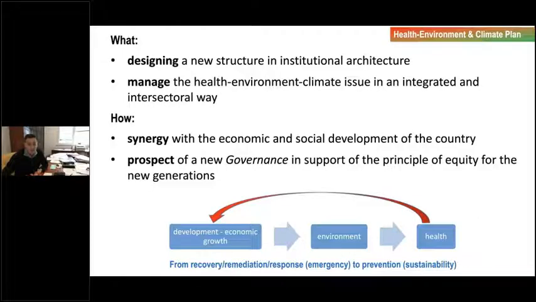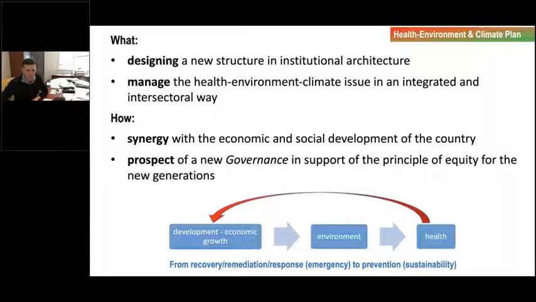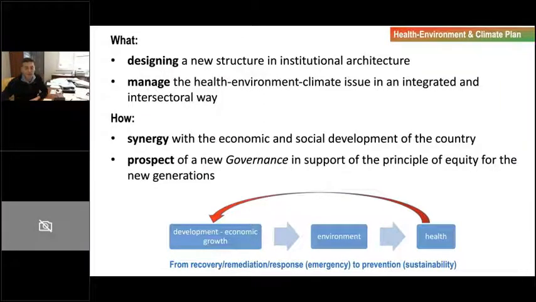The concept is that now health is the last step after many tragedies, like in the case of PFAS in Veneto, because there is more development and economic growth, then it could be an environmental impact, and the last step is health impact.